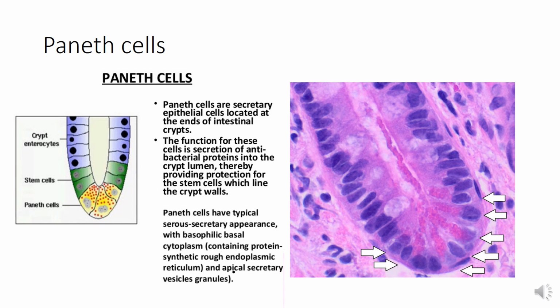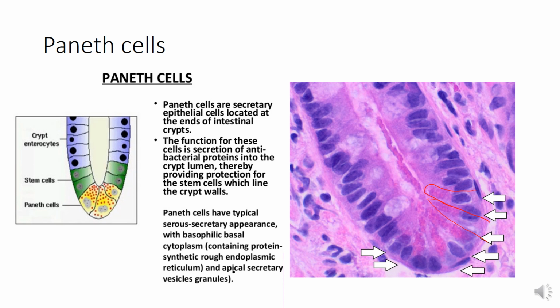Paneth cells, these cells occur only in the bottom of the intestinal crypts, and they are pyramidal cells having the cytological characteristics of zymogen cells. So here you can see these are the pyramidal cells having the characteristics of zymogen cells, and they are located at the end of intestinal crypts or glands.